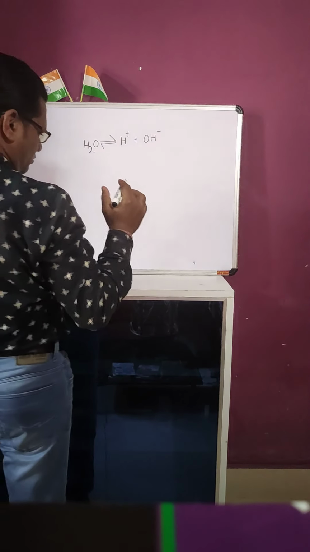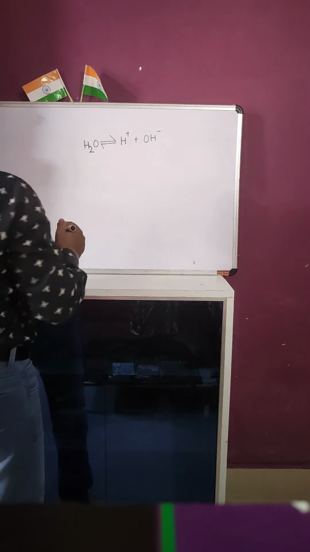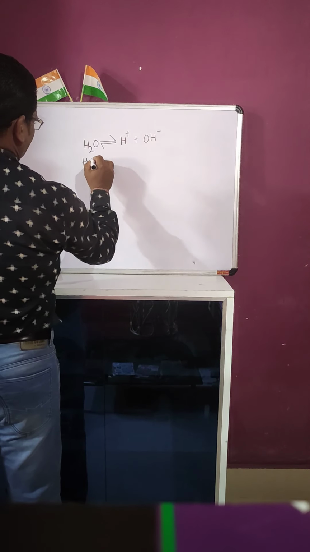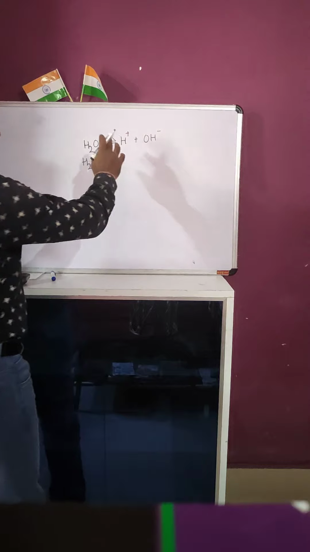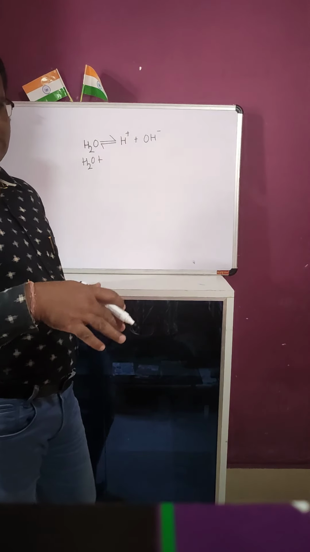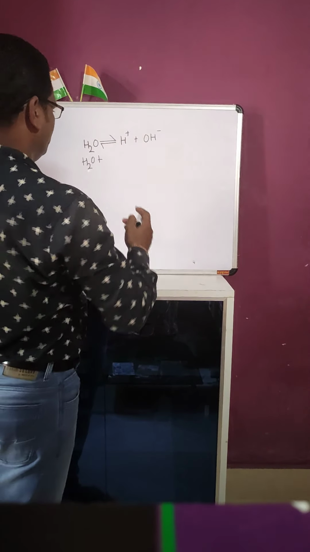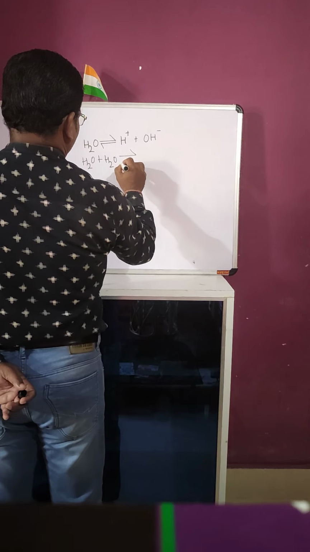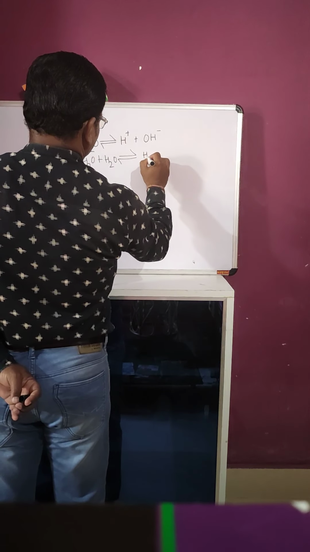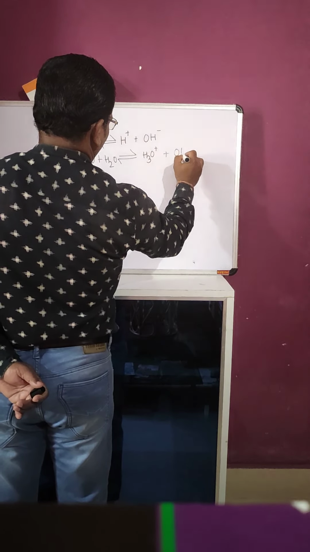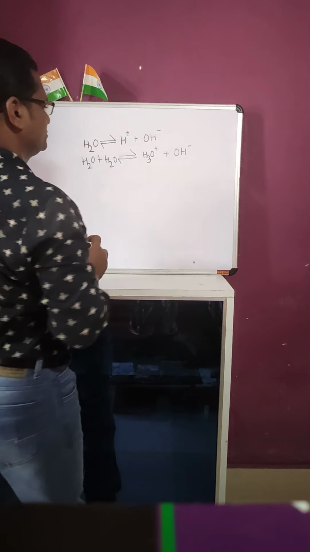This is self-ionization, because this H plus ion combines with another water molecule, it becomes H3O plus. So H2O plus H2O gives H3O plus ions plus OH minus.